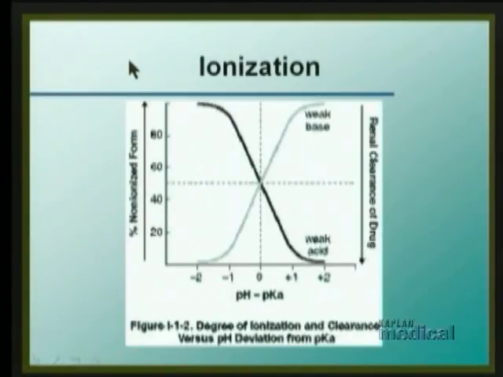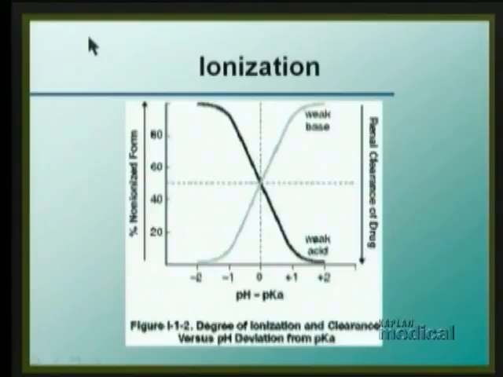Let's look at the black curve. If you look at the black curve, you look here to the top left corner of the diagram at a drug that is mainly non-ionized in an acidic medium. For drugs to be mainly non-ionized, the name of the medium and the name of the drug must be the same. So it must be a weak acid in an acidic medium.